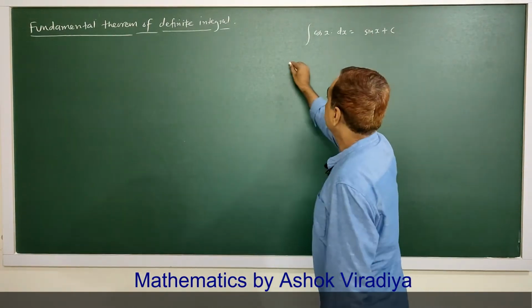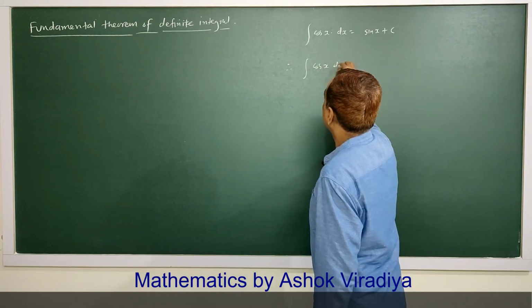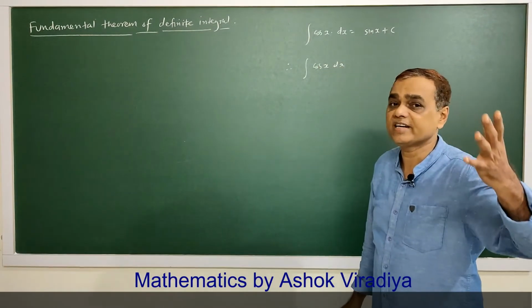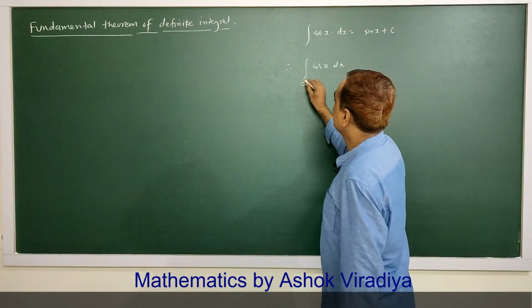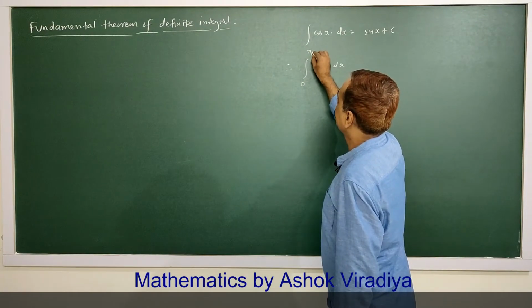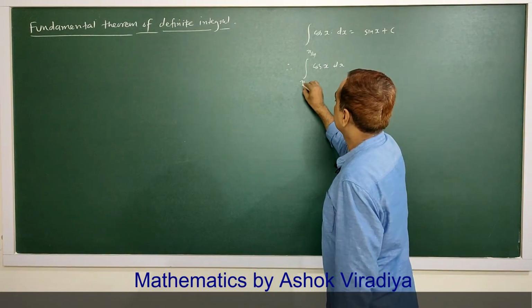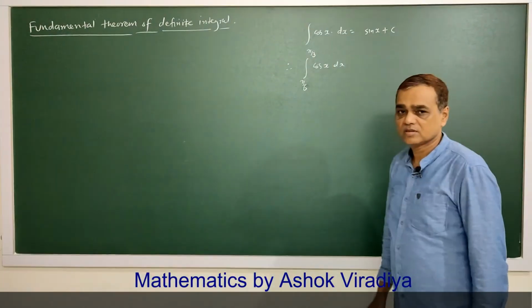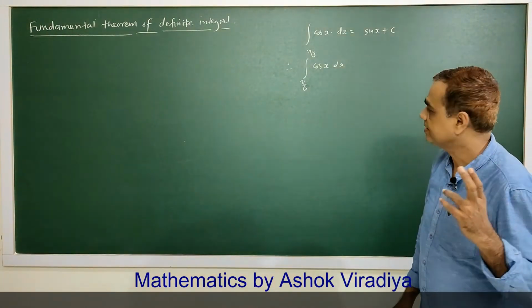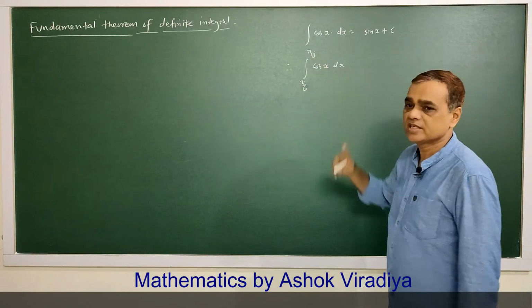Now we want a definite integral over an interval, say pi by 6 to pi by 3. So we need the definite integral of cos x over the interval pi by 6 to pi by 3.